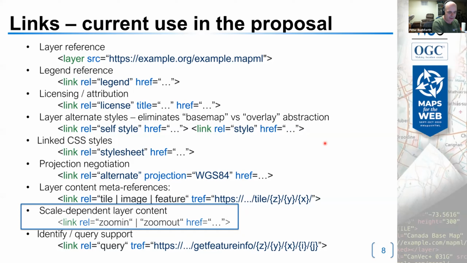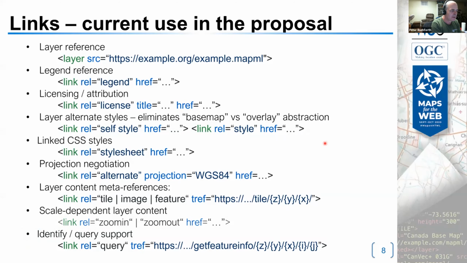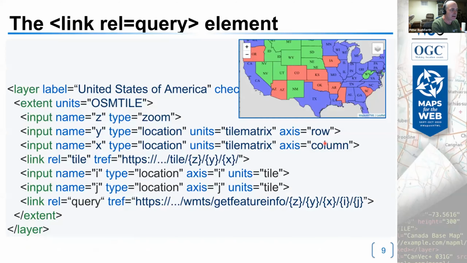And then we have the query support for feature query, and it's set up by a link relation of query, and it's fed by inputs per the location inputs and zoom inputs and so on, as per the content requests. And I'll show that a little bit now.